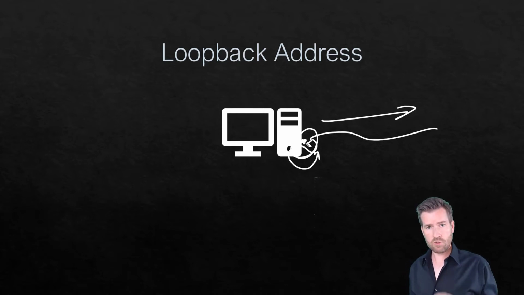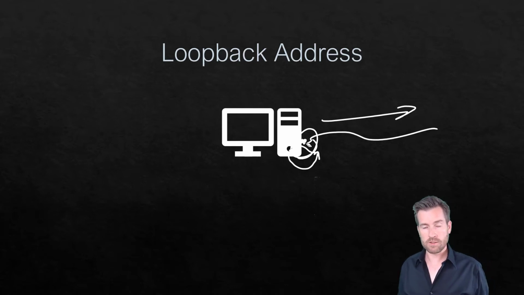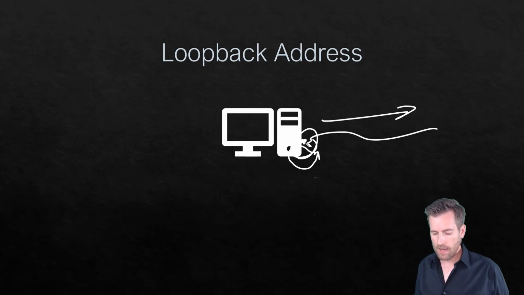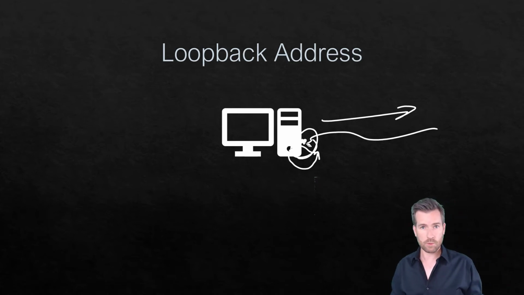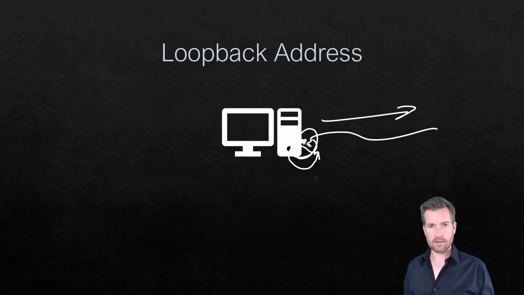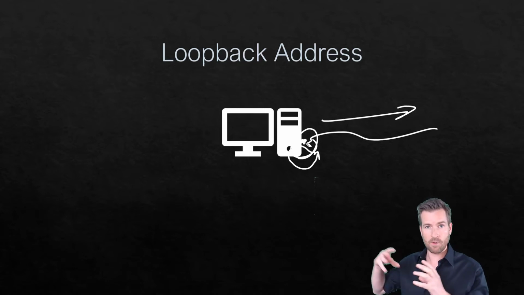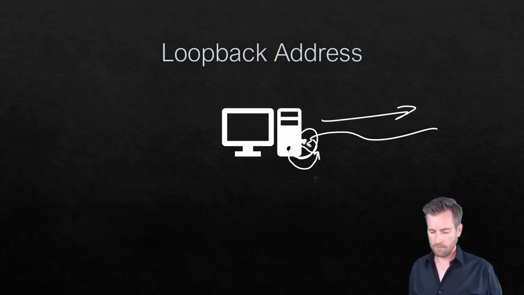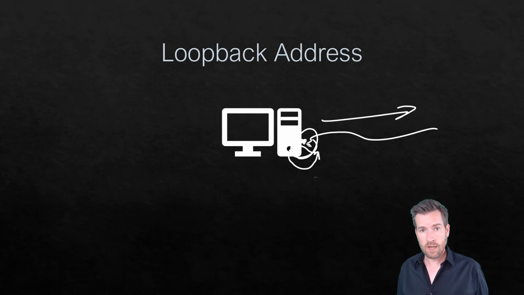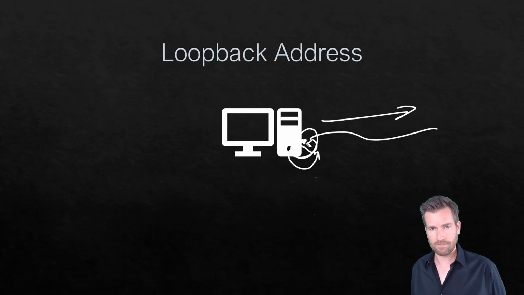So that's one of the things it's used for. It can be used for many different things, but one of the things it's used for is to troubleshoot, to see if your connection, that device, is the problem, or if the problem exists somewhere beyond that device. And so loopback addresses can be really helpful for troubleshooting.